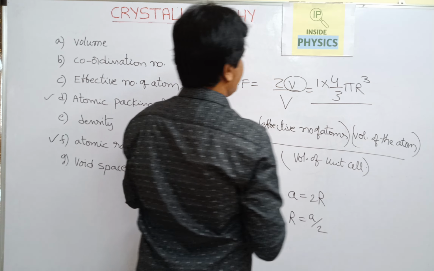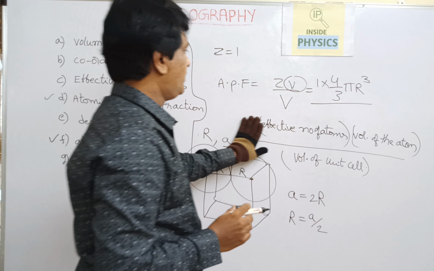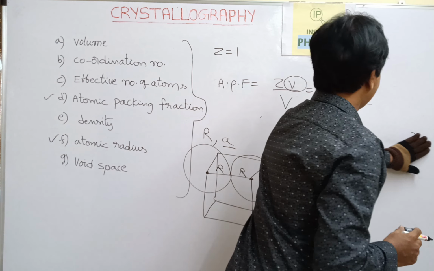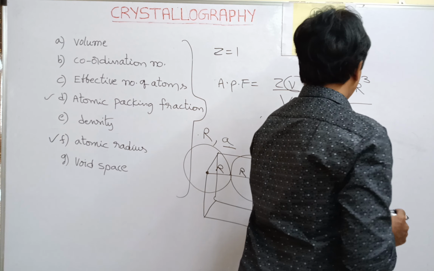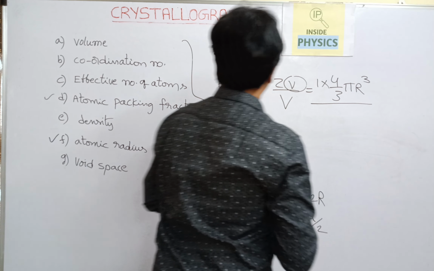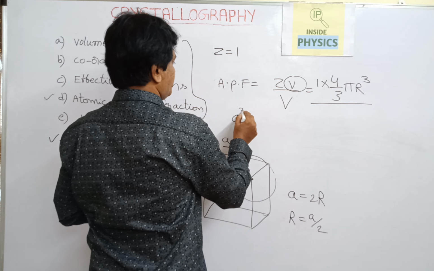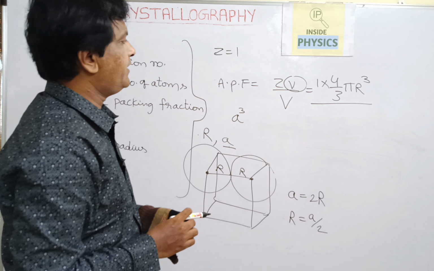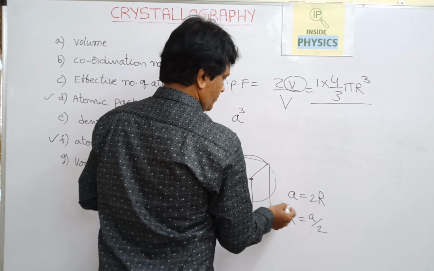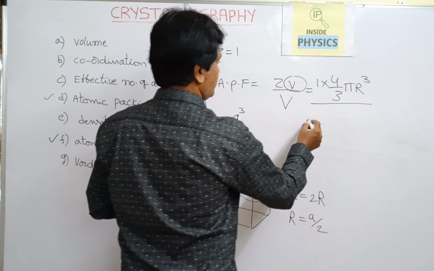So how will we get the volume of the unit cell? We all know, as I told you in the beginning, it is A cube, because the side of the cube is A. What is A here? 2R.